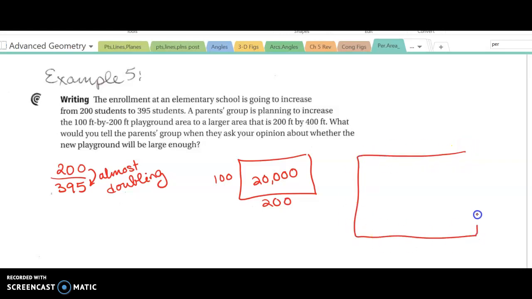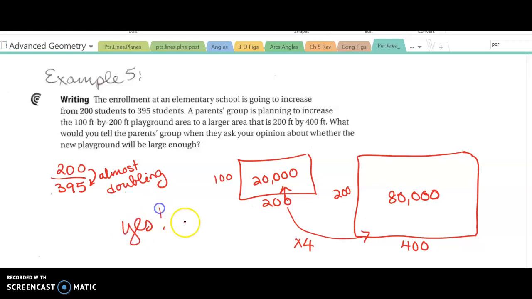And then for the new playground, if it's 200 by 400, that area will be 80,000. So we're quadrupling the playground from 20,000 to 80,000, but we're only doubling the student population. So yes, plenty of room.